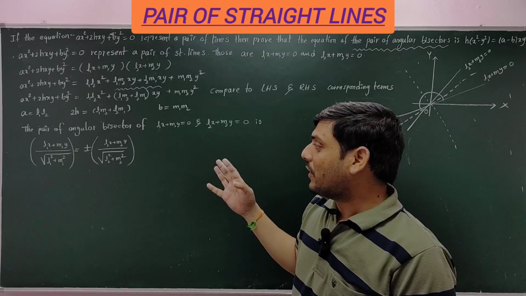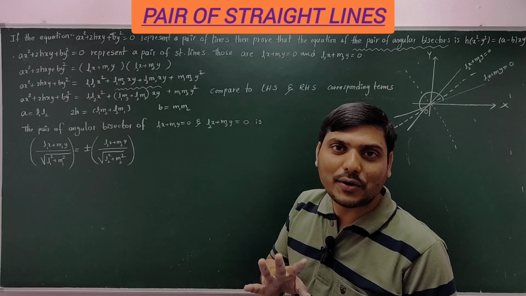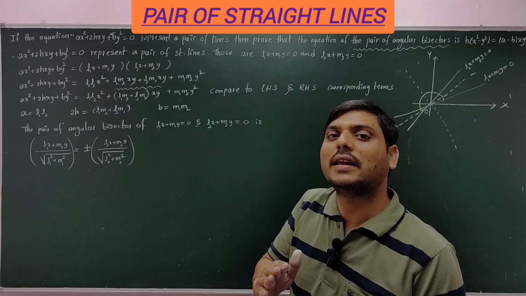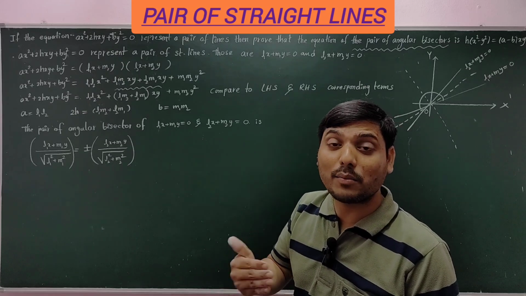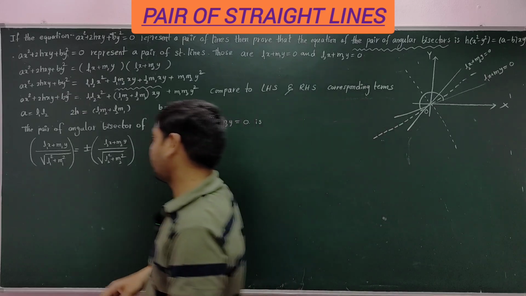Now this has denominators with roots, so I am squaring on both sides. Very important concept.